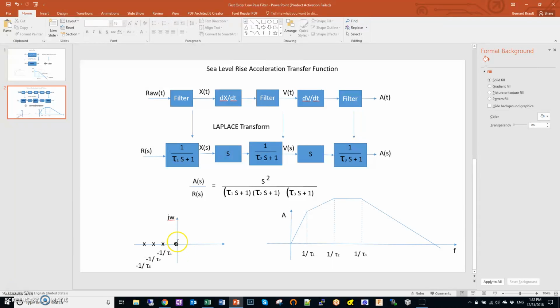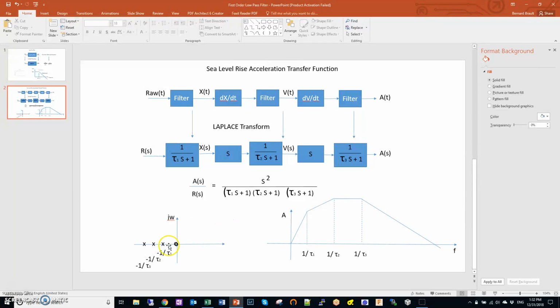As you're very close to 0 frequency right here, you see that the zeros dominate, and because there are two zeros right there coming from the derivative, they tend to amplify frequency, and that's the amplification that you see. One zero is 20 dB per decade, so you have a 40 dB increase right there.